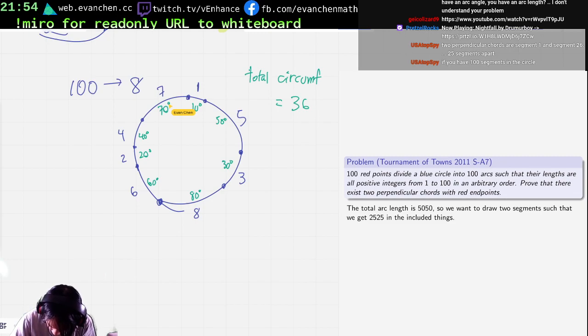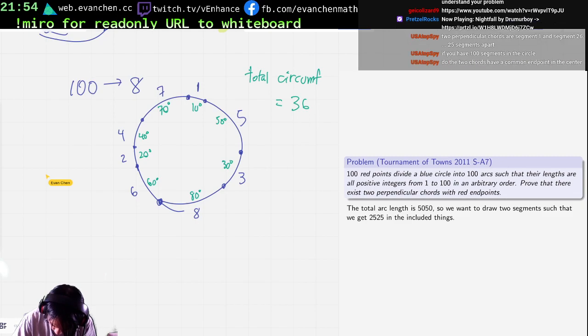So we had a recipe that worked in almost every case. I tried the one case that didn't work. Okay. 16. I think. Can I find one that's actually perpendicular? I should be able to, right? That shouldn't be that hard. 12.